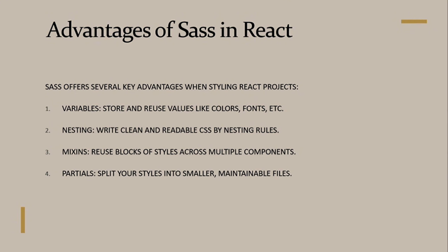Nesting lets us write more structured and readable styles by grouping related rules together. Mixins. Mixins are reusable pieces of code like functions in JavaScript. We can define a style once and apply it to multiple elements. Partials help us break down large style sheets into smaller, more manageable files, making our code more maintainable.